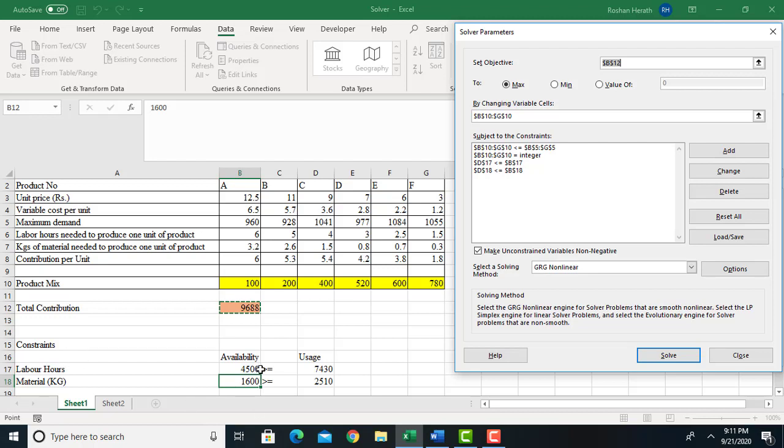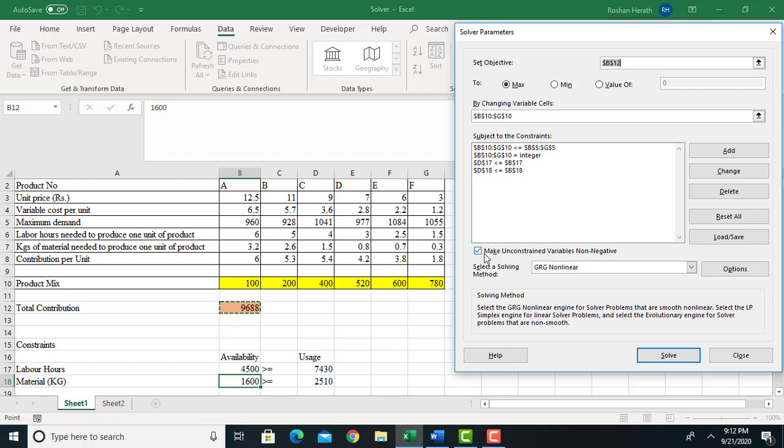The labor was one constraint, and then you have this material, another constraint. Then you ensure that this product mix should not exceed the maximum demand, and also you ensure that this product mix should consist of completed units, so therefore it's an integer.